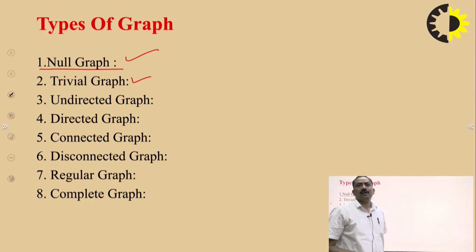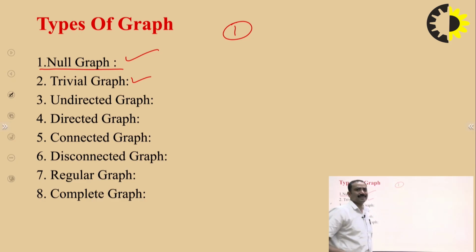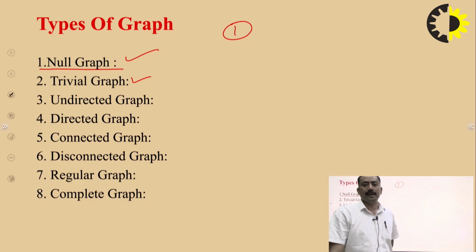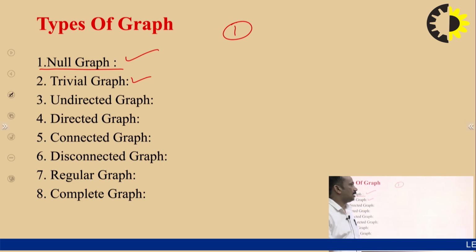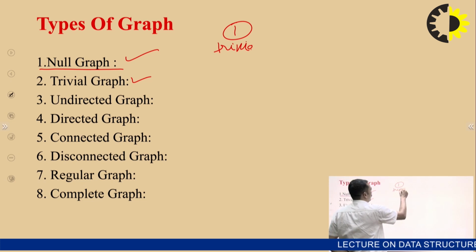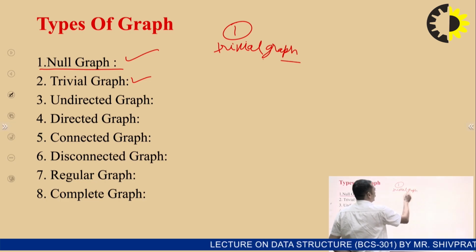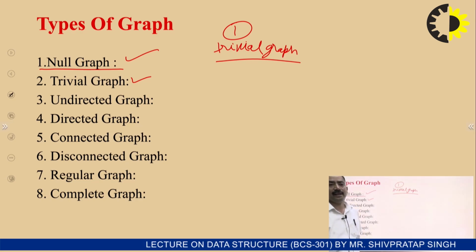Suppose we have a single vertex 1 in a graph. So this is called a trivial graph, because it contains only a single vertex.